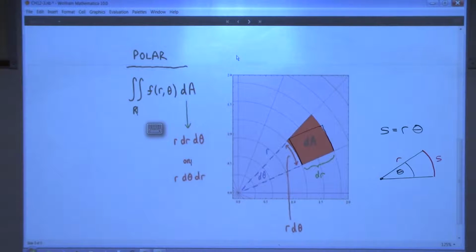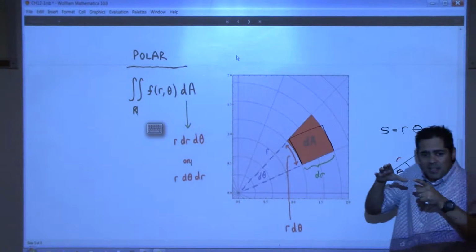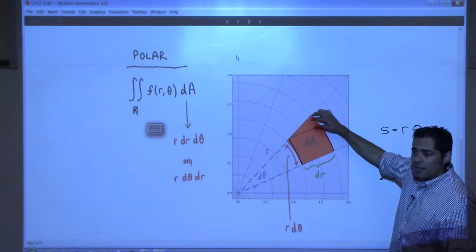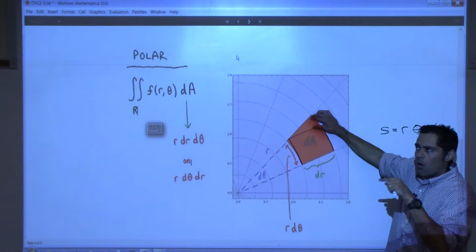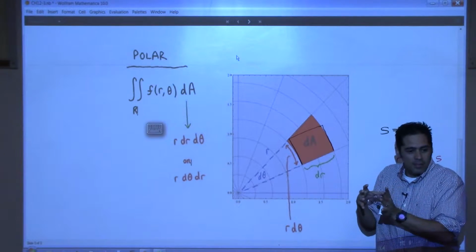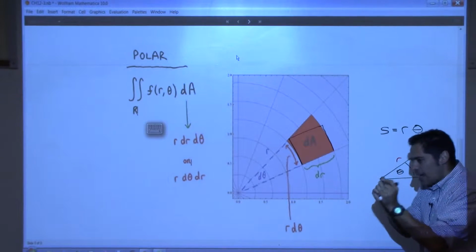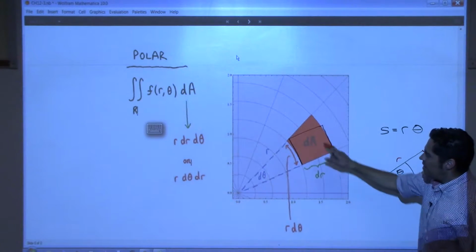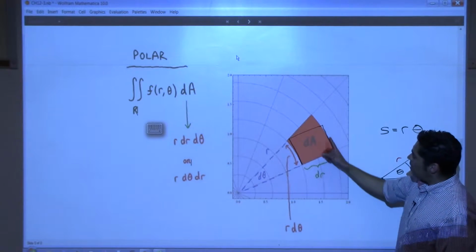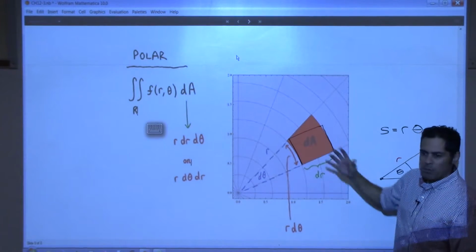Now it's not perfect, right? We have some error in there. But as this gets infinitesimally smaller and smaller, doesn't this area get small? I mean, this error, doesn't that error basically go away? Yes? So in the infinitesimal, this error is negligible and in fact goes to 0. So if we can just find a formula for that, we'll be good.